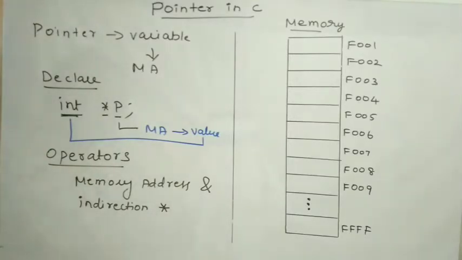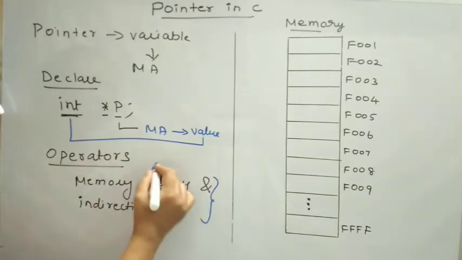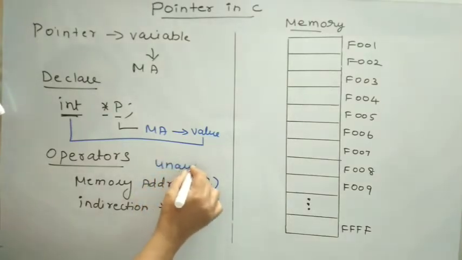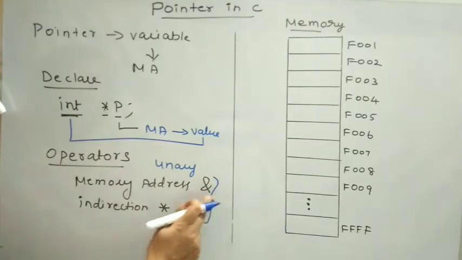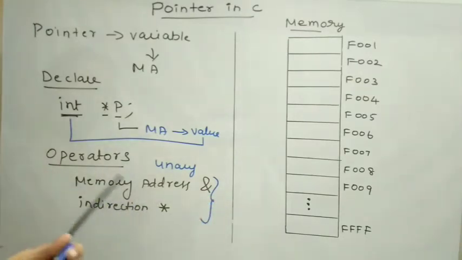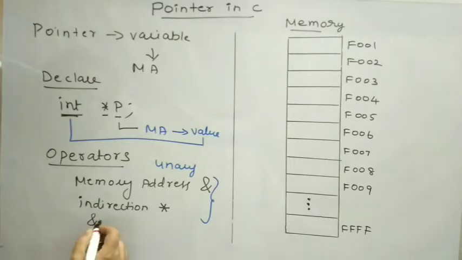Both the memory address operator and the indirection operator are unary operators, which means I can attach a single operand with these operators.